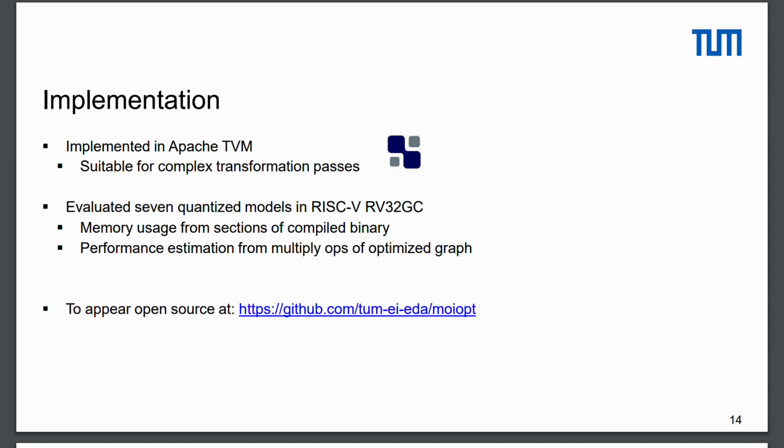This was implemented in the Apache TVM machine learning compiler. And I actually put this open source today, so if you want to check it out, it is at this link.